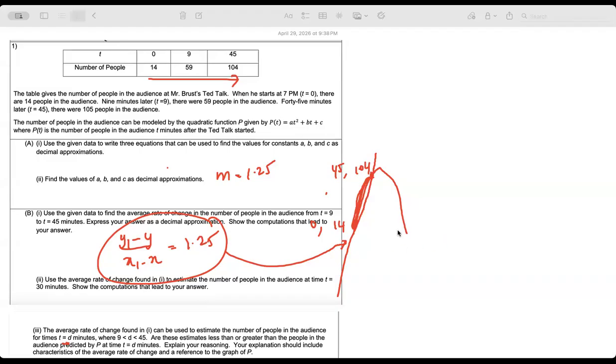I think the estimates are less. Estimates are less. And so the estimates from the 1.25 line are going to be less than the quadratic one. Yes. Yep.